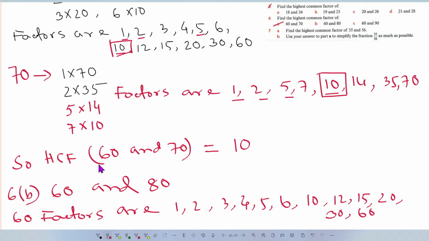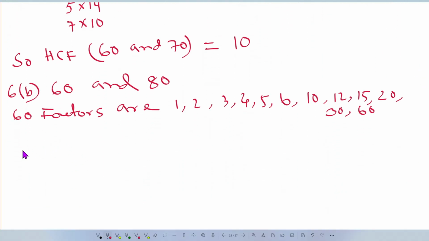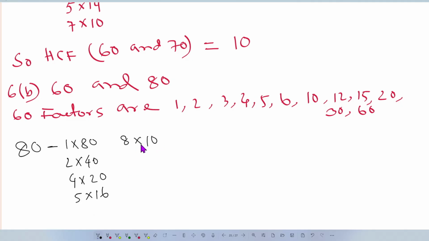Now we will find out factors of 80. 80 we can write 1 times 80, 2 times 40, 3 is not possible, 4 times 20, then 5 times 16, 6 is not possible, 7 also not, 8 times 10, 9, 10 already done.